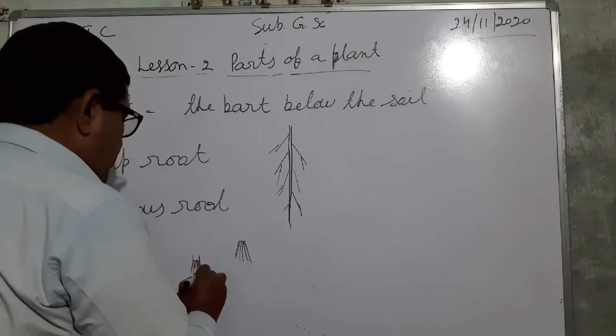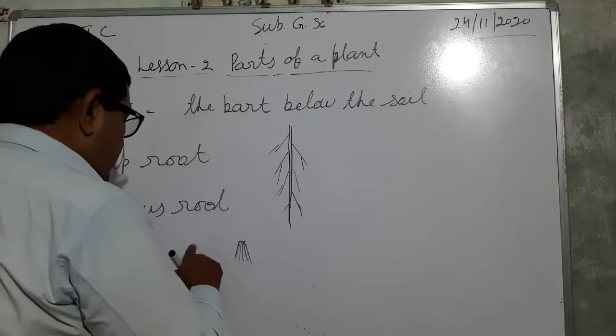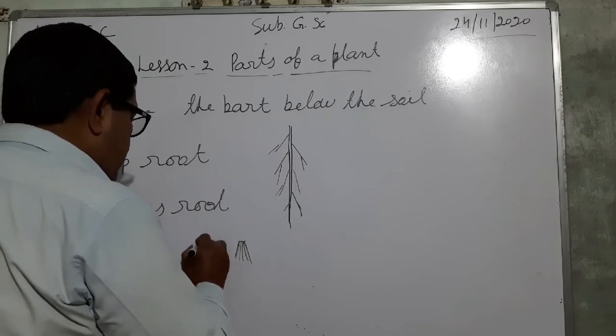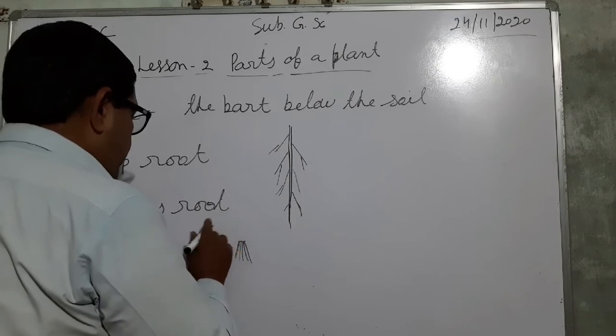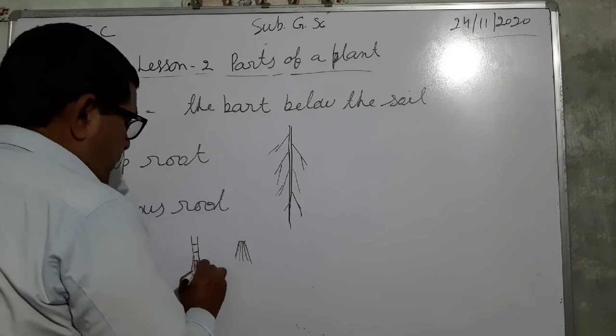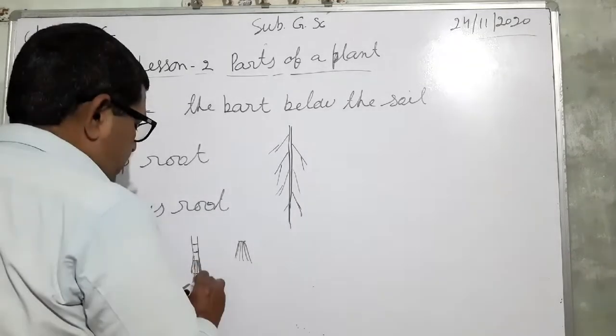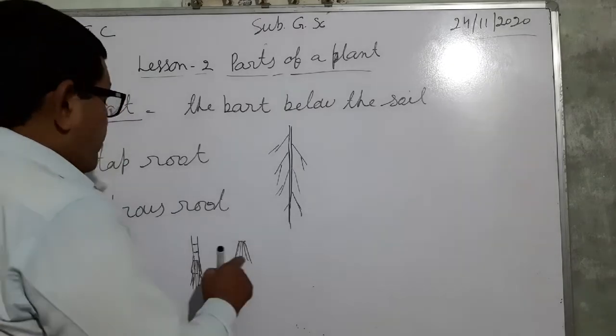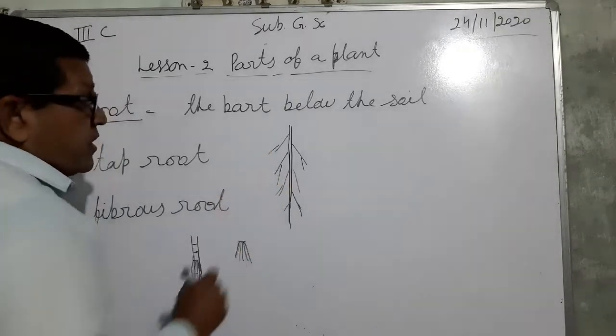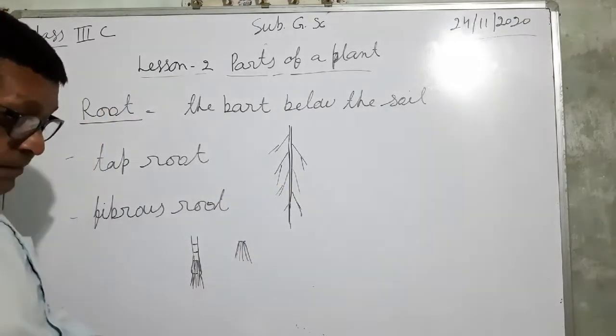In case of the sugar cane, you can find a large number of roots arising from the nodes. So this is the fibrous root and this is the taproot.